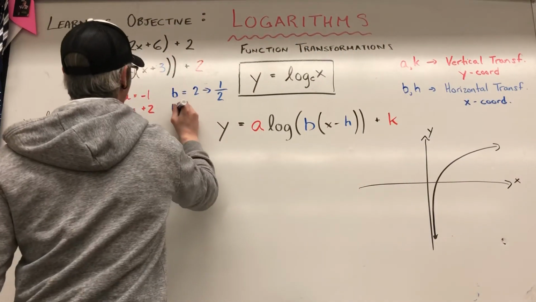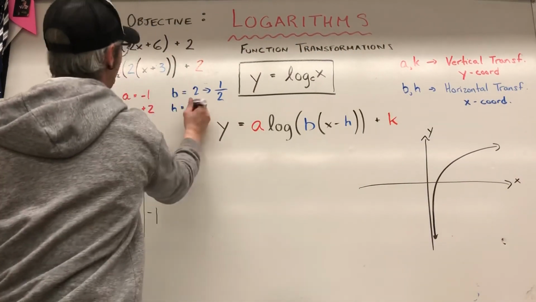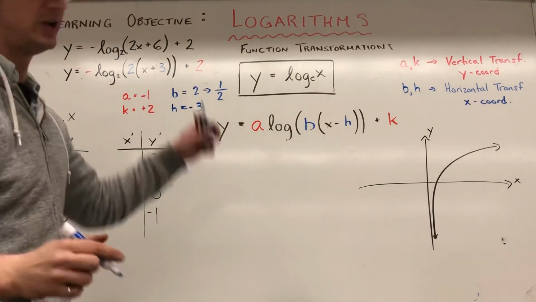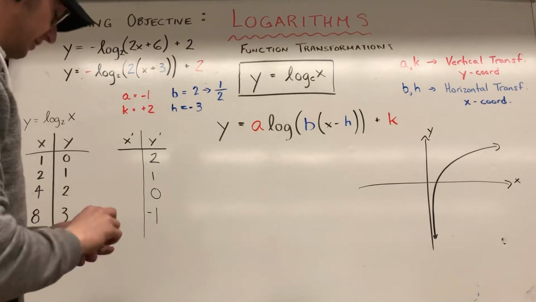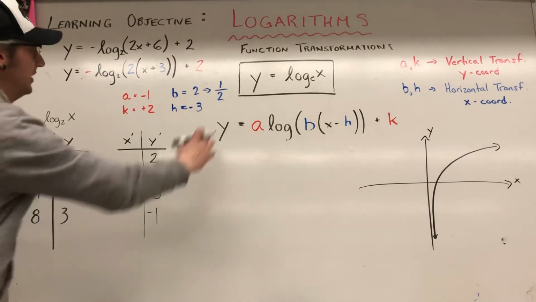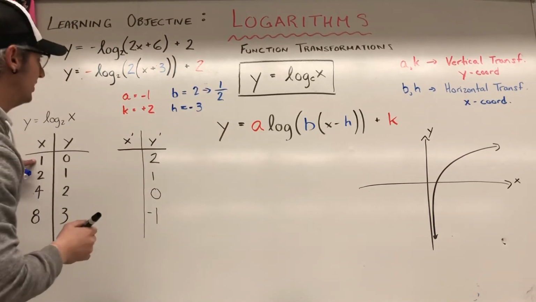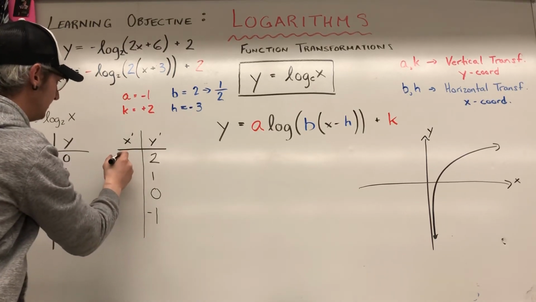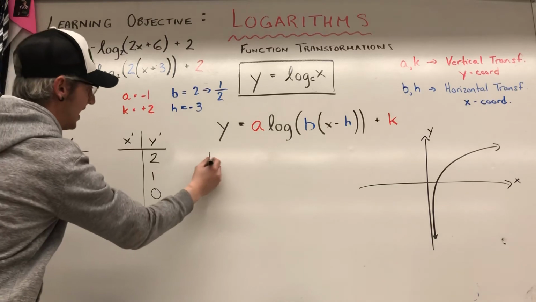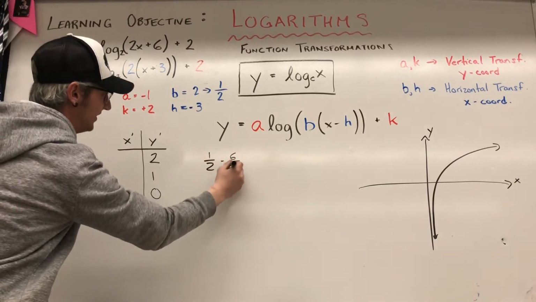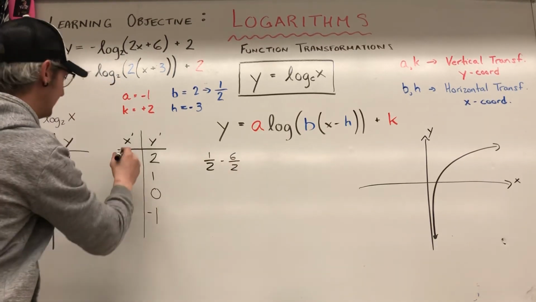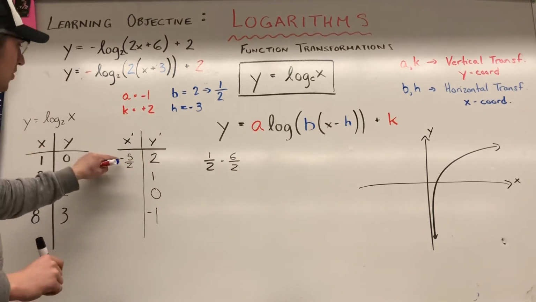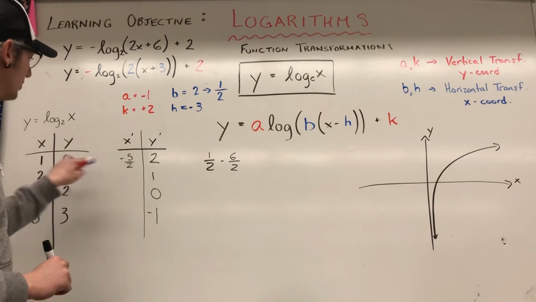And then, it's +3, so I'm going to subtract 3. It's the opposite, remember, B and H are weird. So let's do that. 1 times 1/2 is 1/2 minus 3. What's 1/2 minus 6/2? It's -5/2. So my first coordinate transformed went from 1, 0 to -5/2.